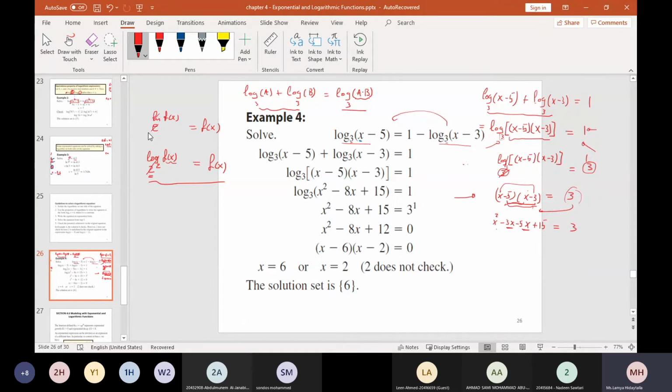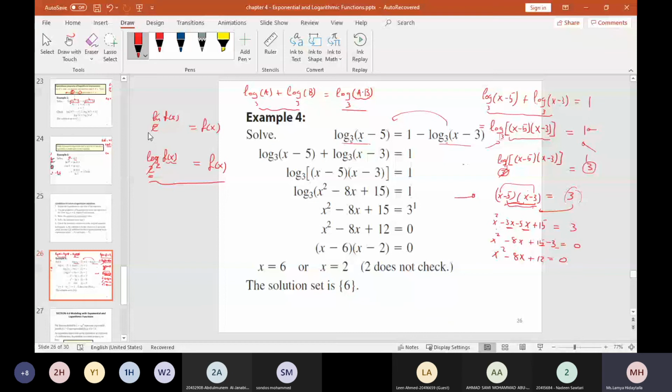So minus 3x minus 5x gives x squared minus 8x plus 15 minus 3 equals 0, which is x squared minus 8x plus 12 equals 0.